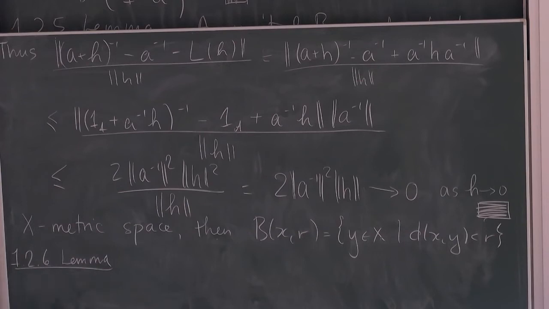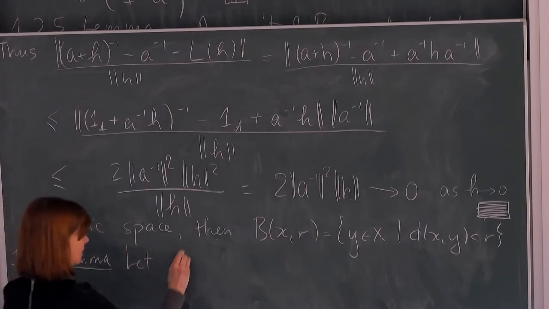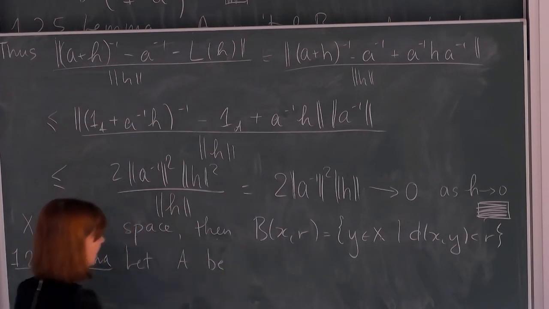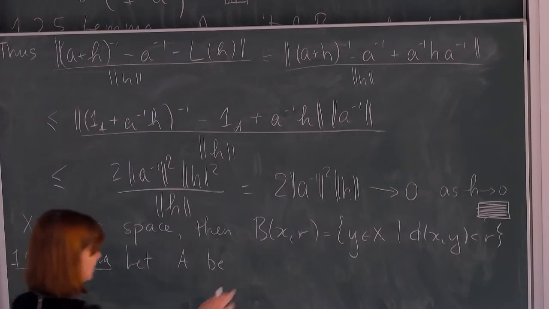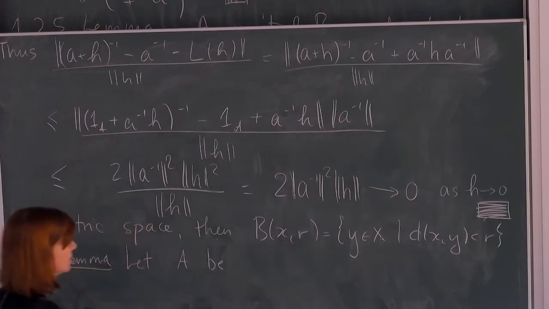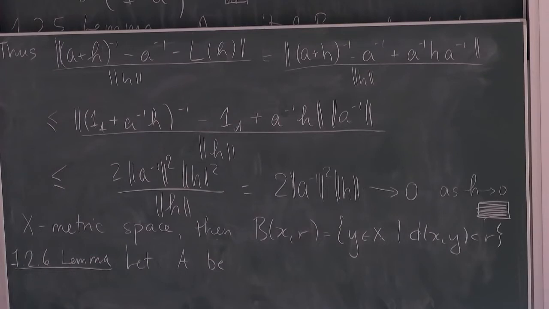Okay, so we're going to get a little bit more of a handle on just what kind of elements can be in the spectrum of an element in a Banach algebra, by showing it has to be contained in a ball around 0 of radius the norm of the element.